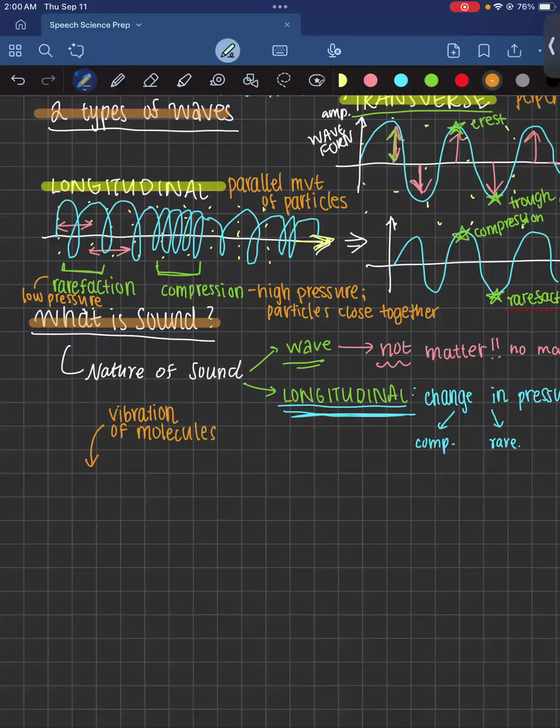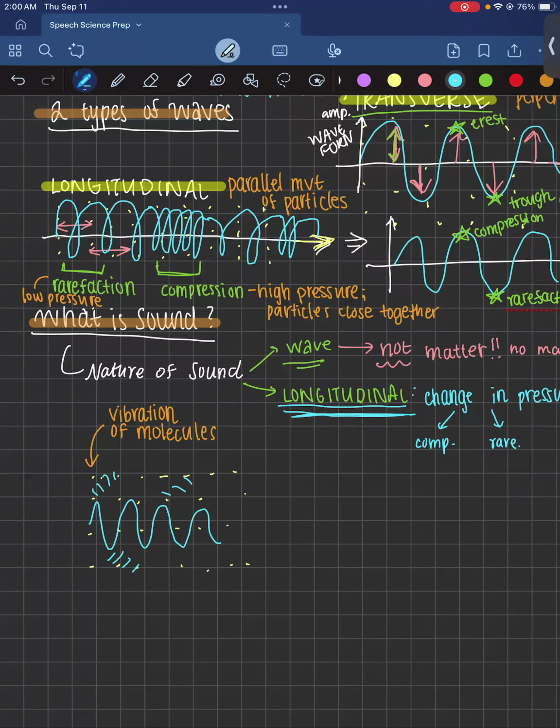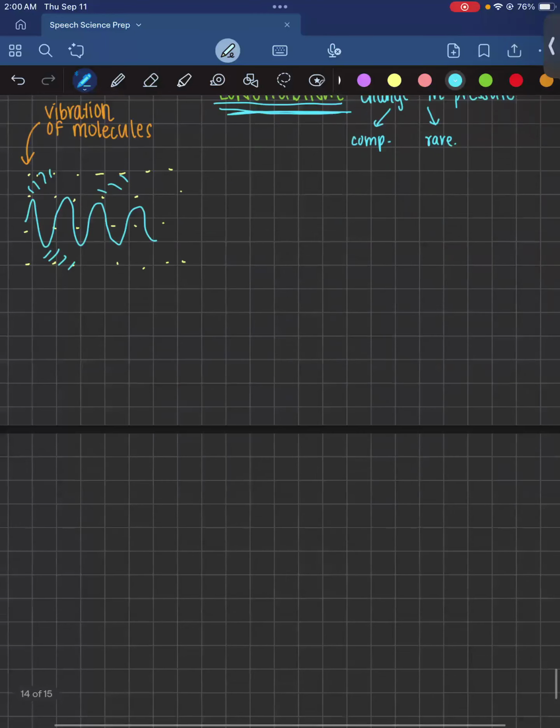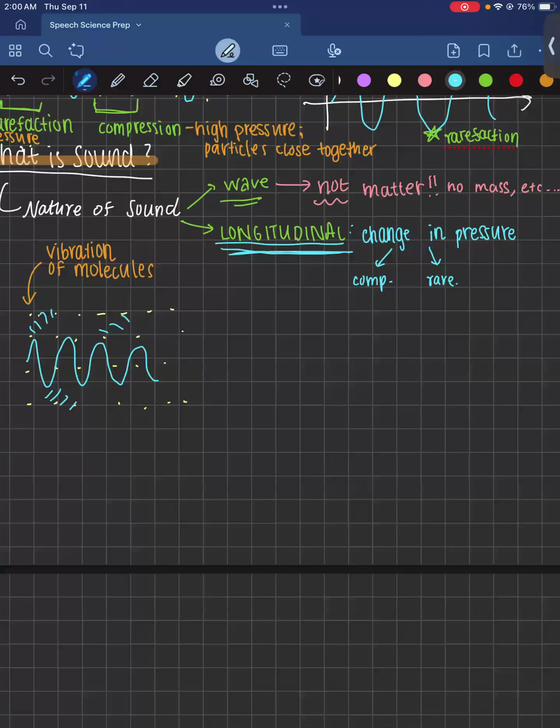So if we go back to drawing our molecules here, we have all these molecules, and then there's the sound wave coming through, and I'm just going to draw it with our little waveforms. The sound wave is coming through, and it's a vibrating thing that's causing these particles to move around and have all these high pressure, low pressure qualities, and so it's causing this change in pressure, right? So let's put that change in pressure here.